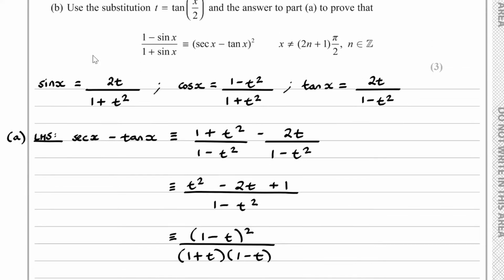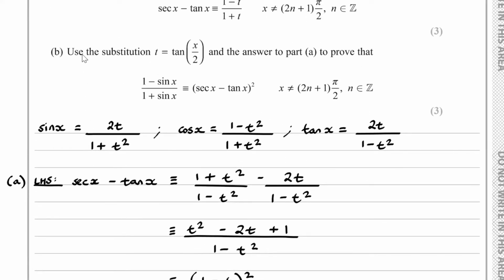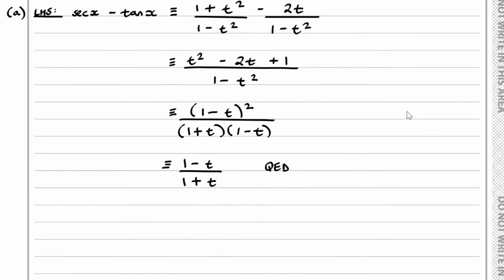Now for part B, we have to use the substitution t equals tan of x over 2 and the answer to part A to prove that (1 minus sine x) over (1 plus sine x) is equivalent to (sec x minus tan x) all squared, where x doesn't equal (2n plus 1) lots of pi over 2 and n is an integer.